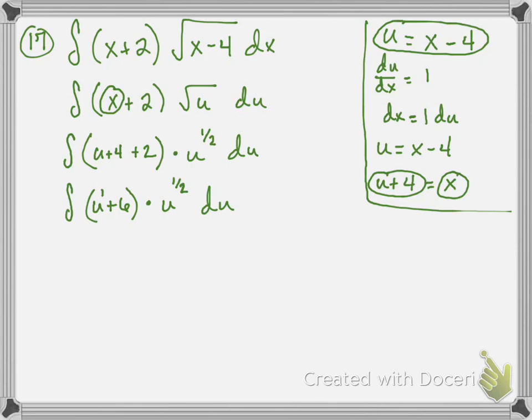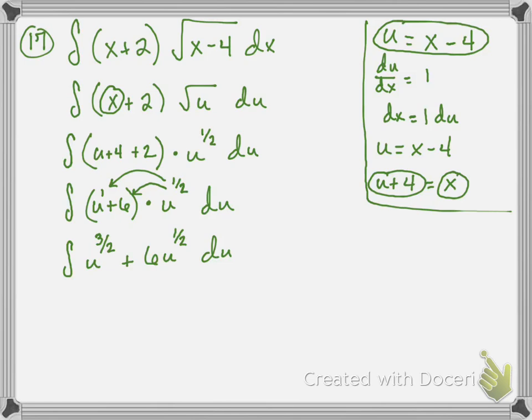So I got u to the 1st times u to the 1/2. So that's u to the 2/2 times u to the 1/2. So that is u to the 3/2 plus 6u to the 1/2 du. And now it's an easy integral to take.